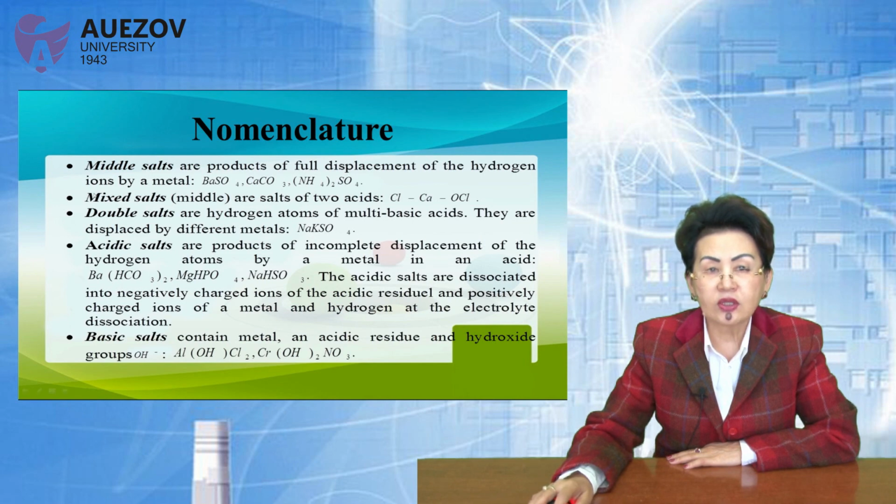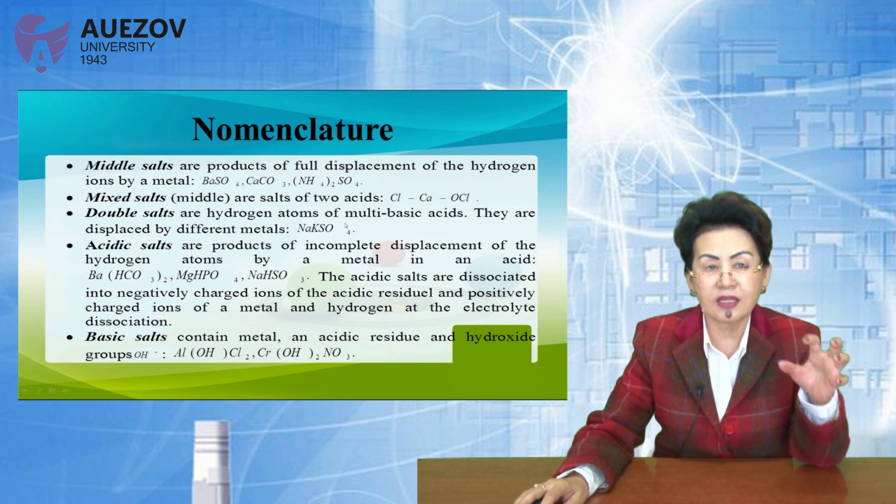Nomenclature. Middle salts are products of full displacement of the hydrogen ions by metal. Mixed salts: middle, a salt of two acids. Double salt: hydrogen atoms of a multi-base acid are displaced, and the middle salt consists of two different metals.